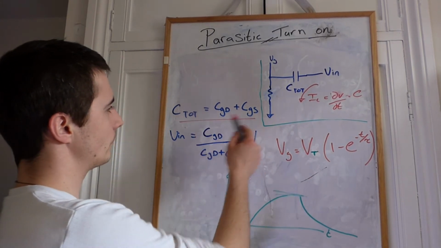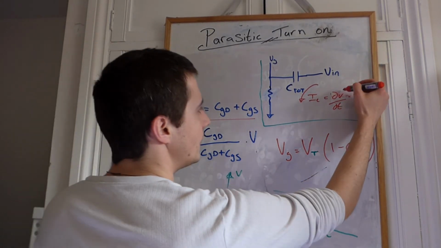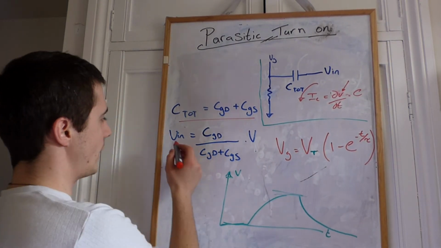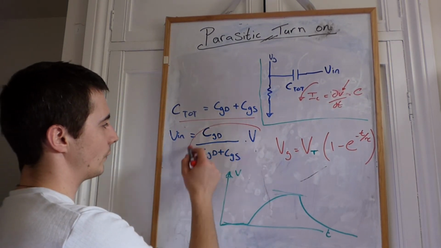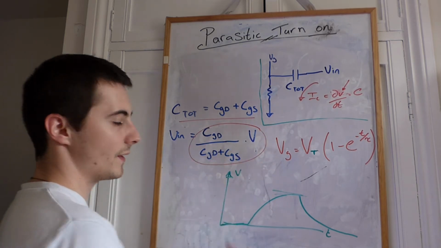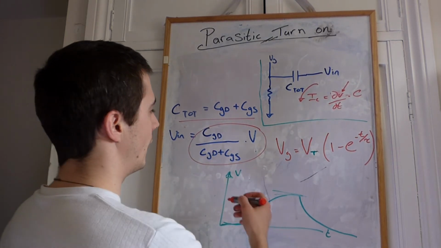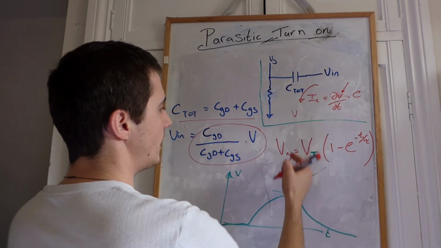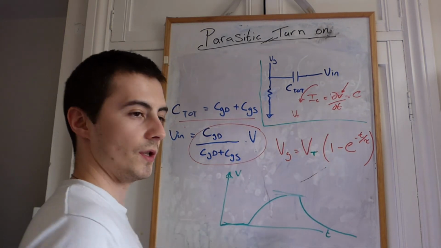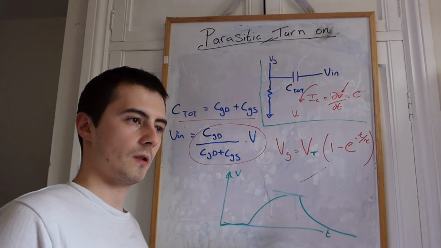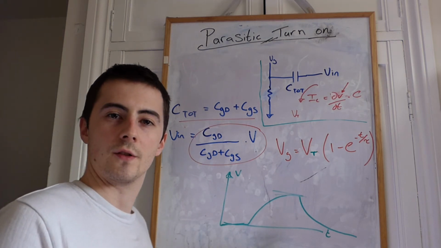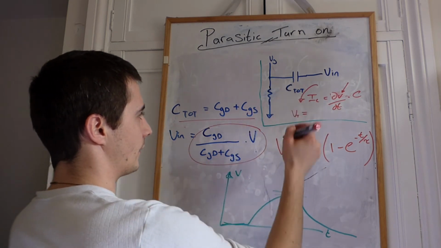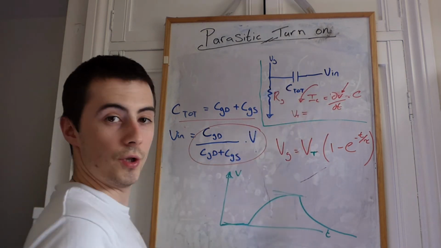C total we know. dV dt, we know what that will be. The voltage in is essentially just a scaled voltage, scaled by this proportion there. And then finally then, if we want what I've called Vt, which is the voltage when the capacitor is fully charged, then we just simply multiply it by the resistance Rg there.